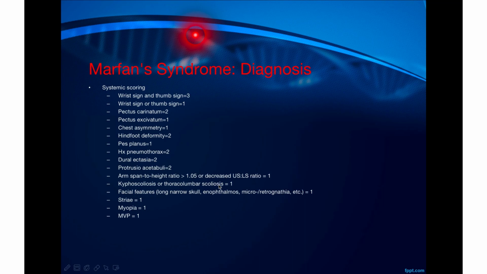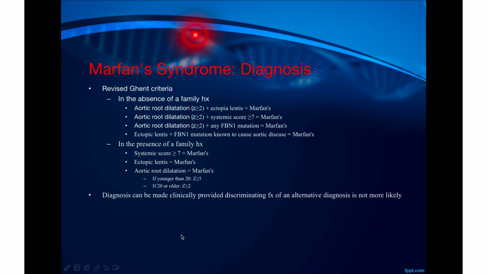Kyphoscoliosis or thoracolumbar scoliosis 1. Facial features, as we've mentioned, the long narrow skull, enophthalmos, micrognathia, and so on, we give that 1. Then the striae 1, myopia 1, and mitral valve prolapse, a score of 1 as well.